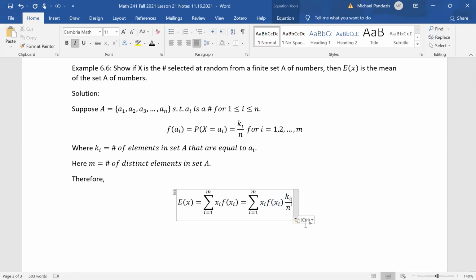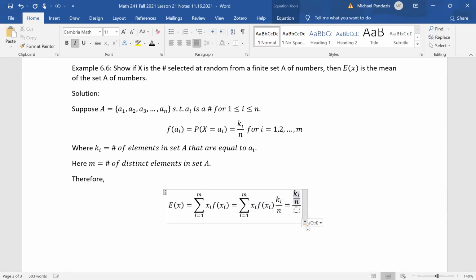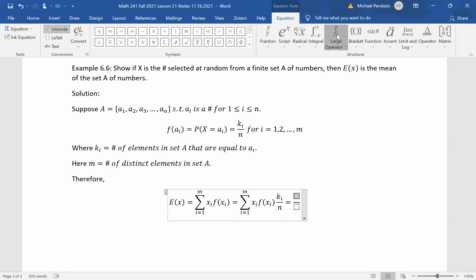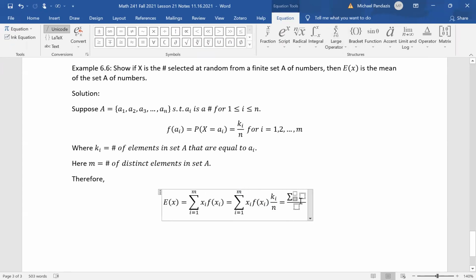Okay, and so then in the numerator we have the sum from i equals 1 to m of x sub i, and that k sub i over n is f of x sub i.